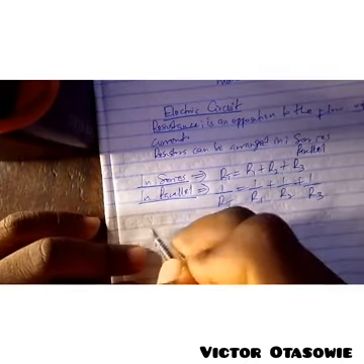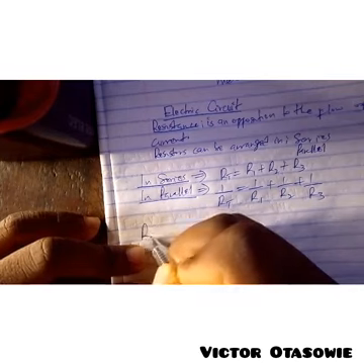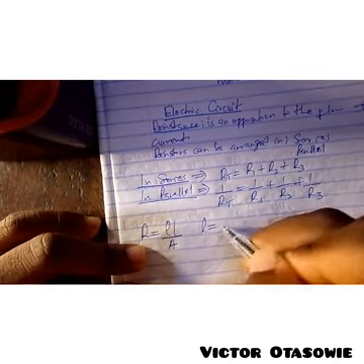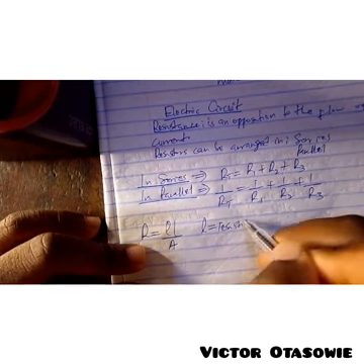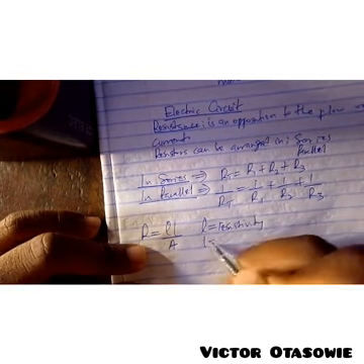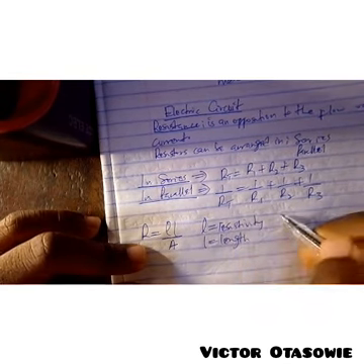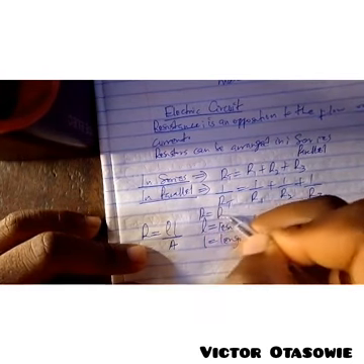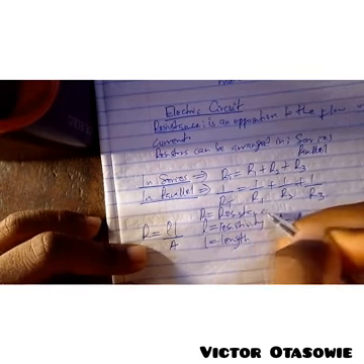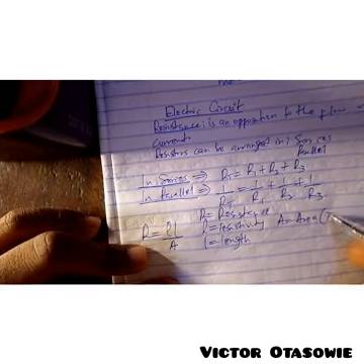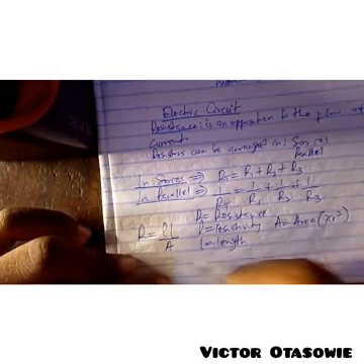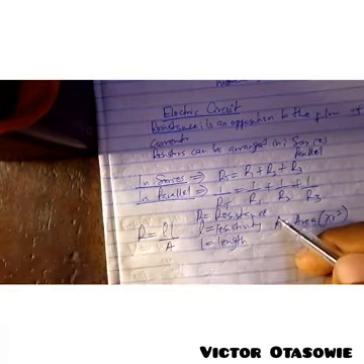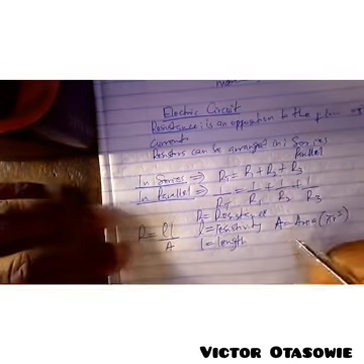So we also take note that R is equal to rho L over A, where rho is resistivity, L is length, then A is area. Then you take note that this area is pi r squared, because whenever we're talking about resistance in a wire, we're actually dealing with a circle or a cylinder.